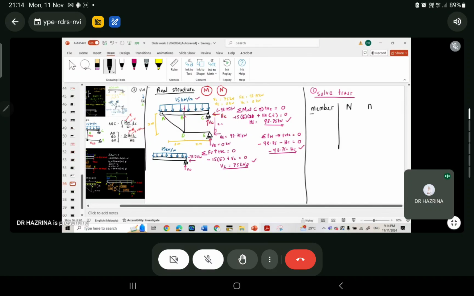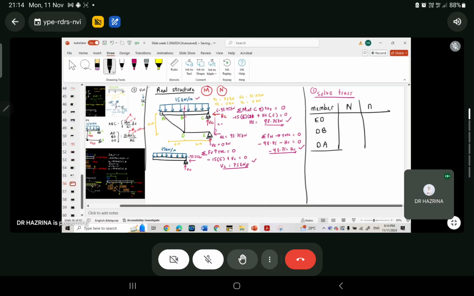Okay, so untuk truss structure, this is the thing that you need to find. So your member, kita ada member ED, and then kita ada member DB, and then kita ada member DA.